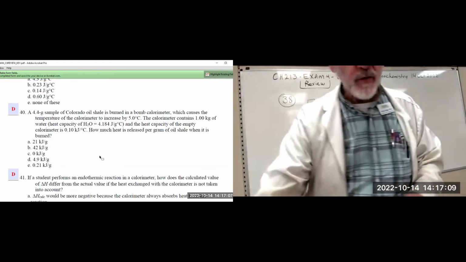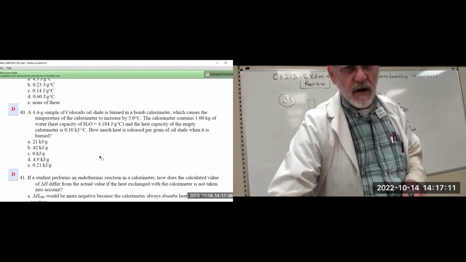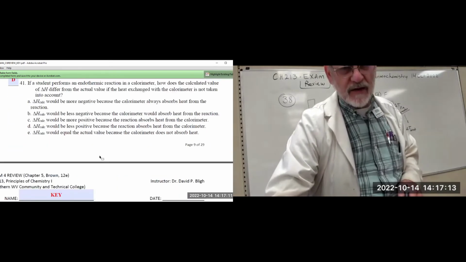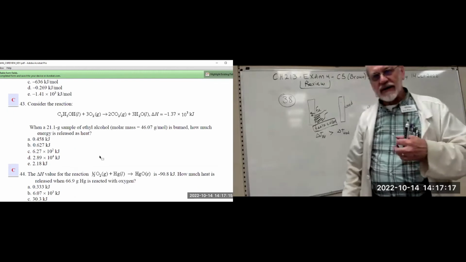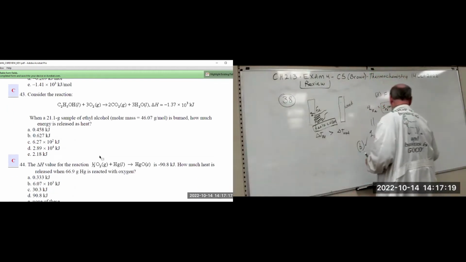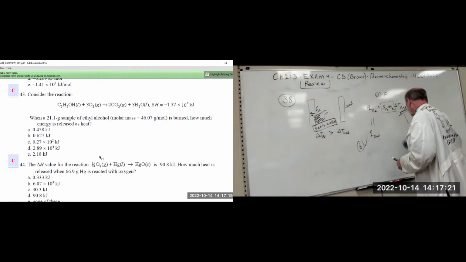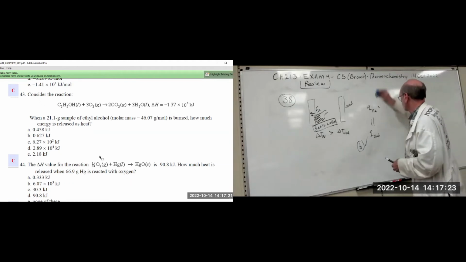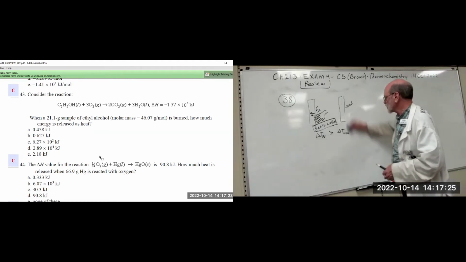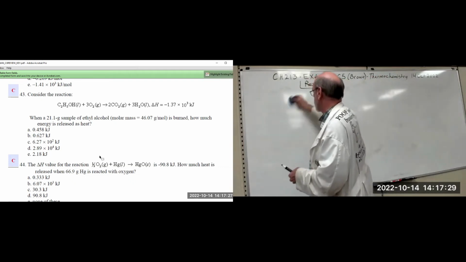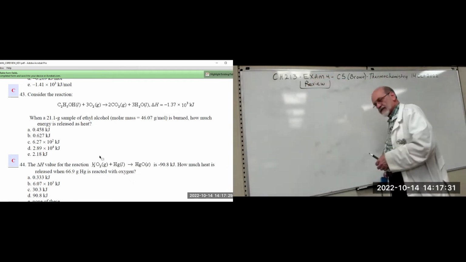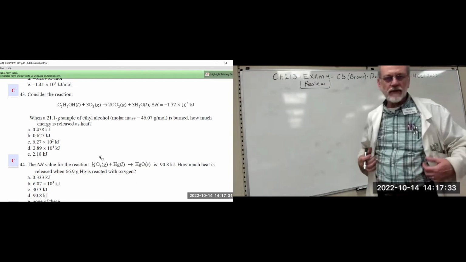How about 43? That takes us back to this burning ethanol, but it asks a different question, and it tests our understanding of the concepts of stoichiometry.